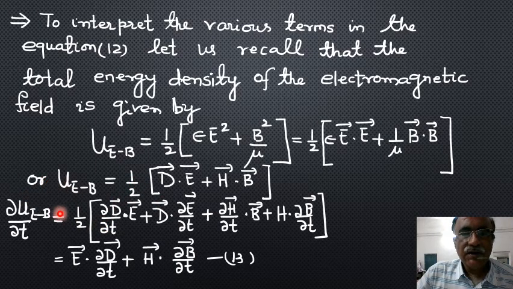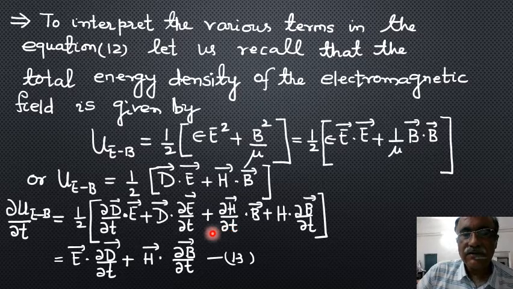If we partially differentiate it with respect to time, we get half of del D by del T dot E plus D dot del E by del T, and again two symmetric terms, H dot del B by del T plus del H by del T dot B. So again, these two terms are similar and these two terms are similar.